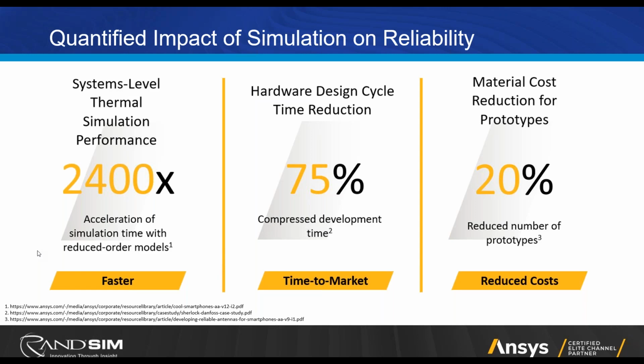You can, in general, reduce your design cycle by 75% of what it used to be. And you can save money on cost for prototypes, which is another cost in addition to labor. All of these are backed up by various studies, which compare the inclusion of simulation in a design cycle to a simulation-free design cycle.